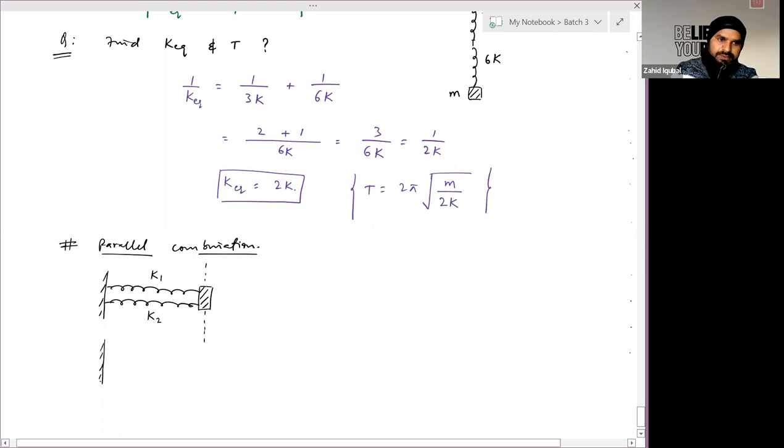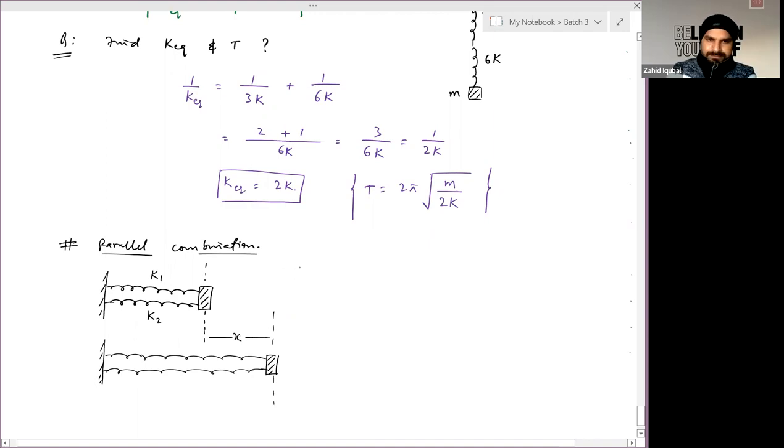Now, if it is stretched, the net displacement is X.